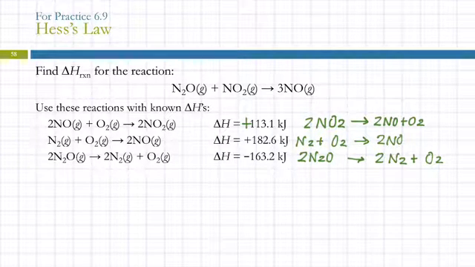So when I do that, let's use a different color. I have to multiply the delta H by 2, and I multiply both of the reactants by 2 and this product by 2. Delta H doubles because if you have twice as much stuff reacting, delta H will be twice as big.